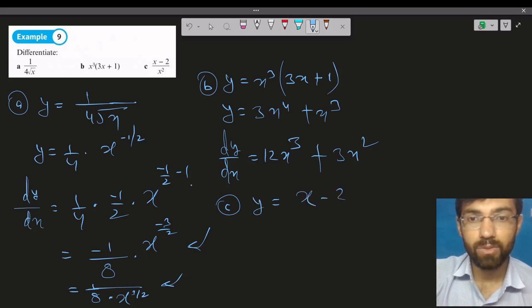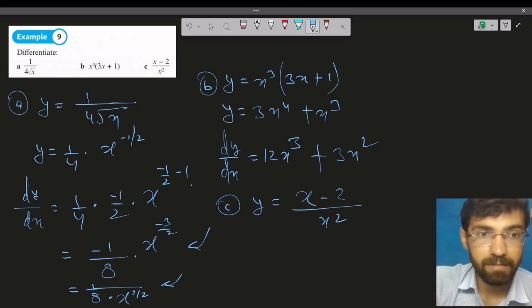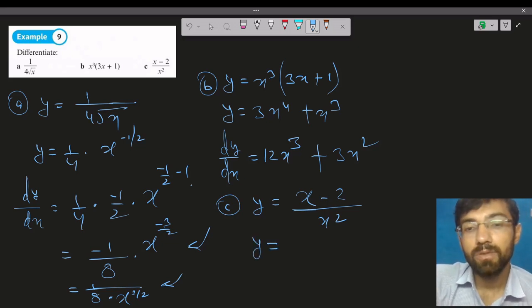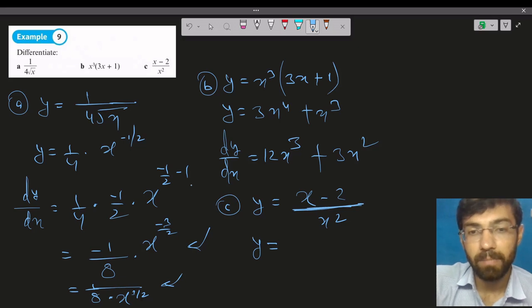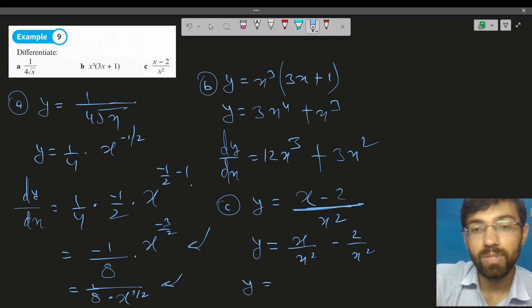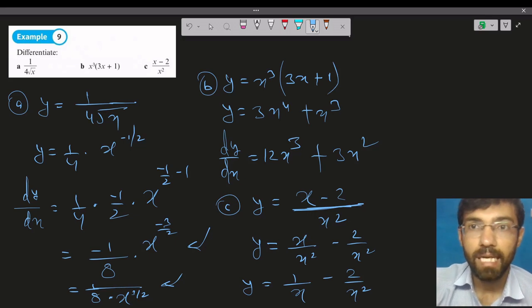This is x minus 2 upon x squared. Here also we will simplify it first. So my y equals, since you have this whole division, you can separate it. You can write x upon x square minus 2 upon x square, and that leads to x upon x square is 1 upon x, minus 2 upon x square. Let us do one more thing.